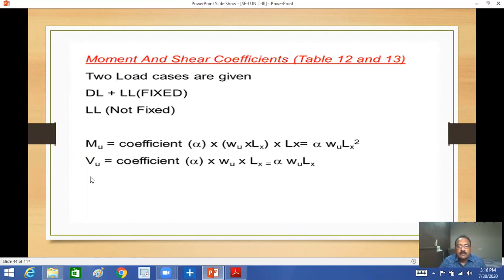Here Vu, the shear force, is equal to alpha Wu Lx, where alpha is taken from Tables 12 and 13: the coefficient for moment and the coefficient for shear.